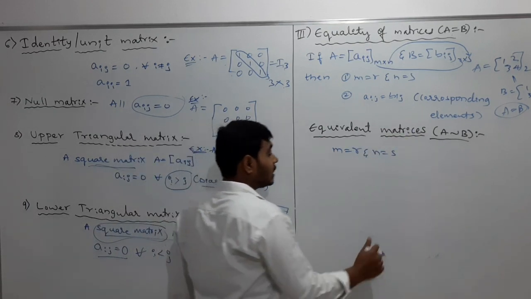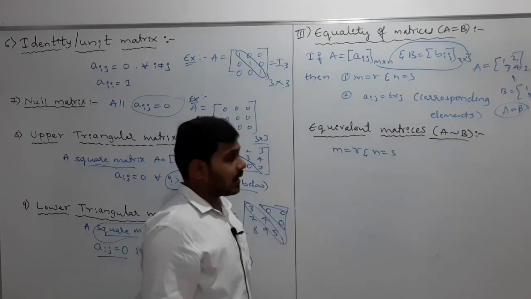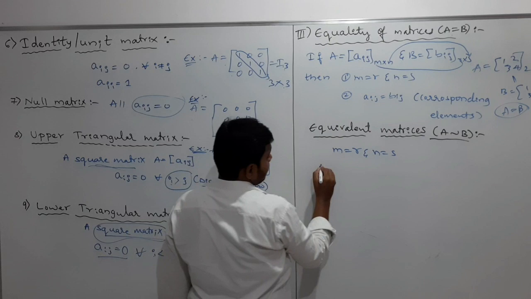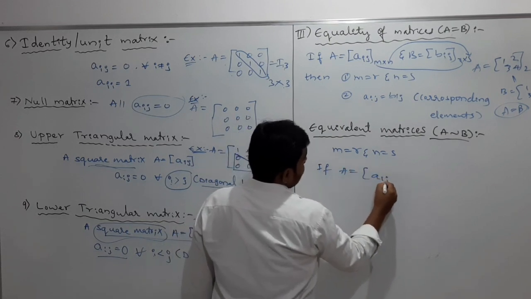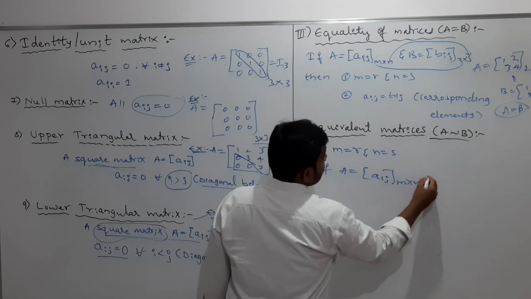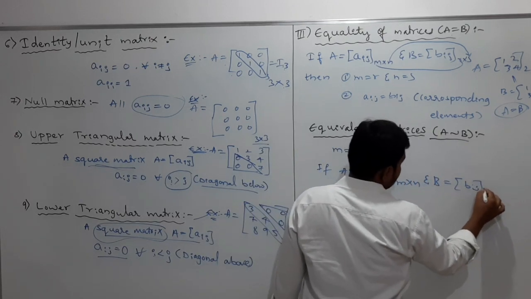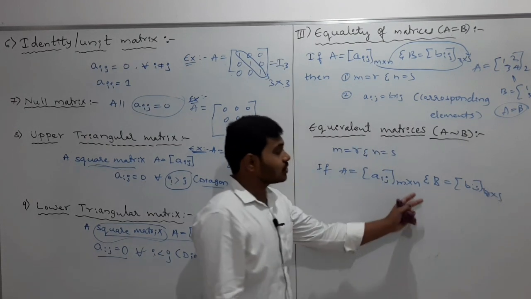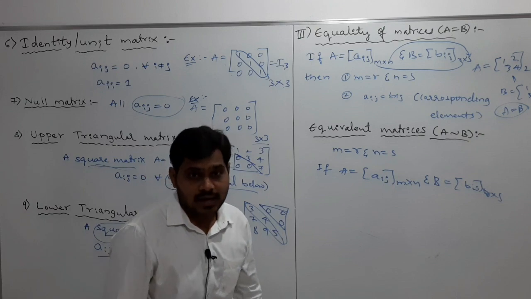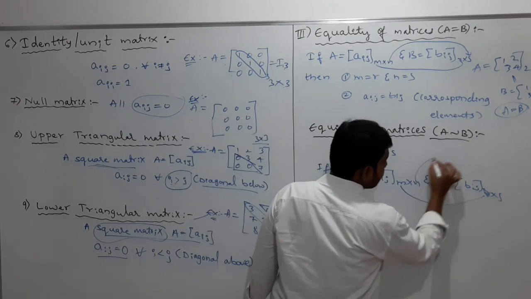In equivalent matrices, the symbol is this. Equivalent means, if A equals Aij of the order m cross n and another matrix B is of the order r cross s, these two matrices are said to be equivalent if m equals r and n equals s.